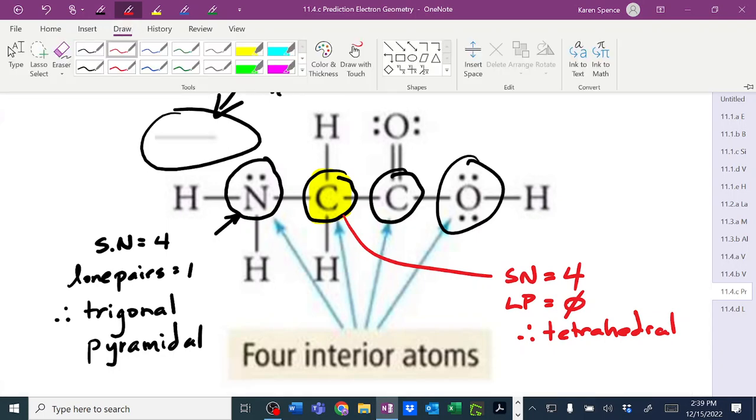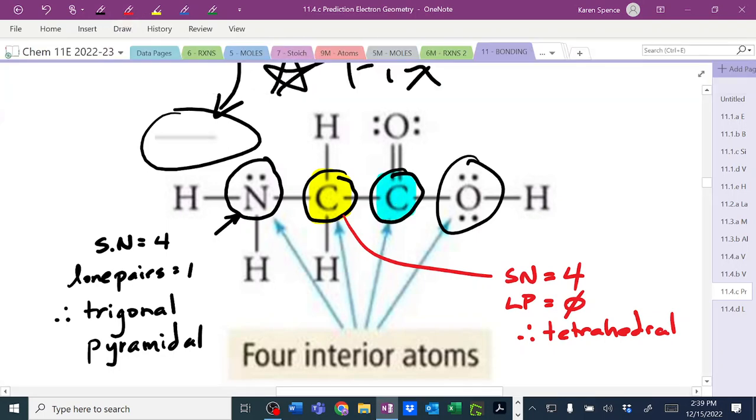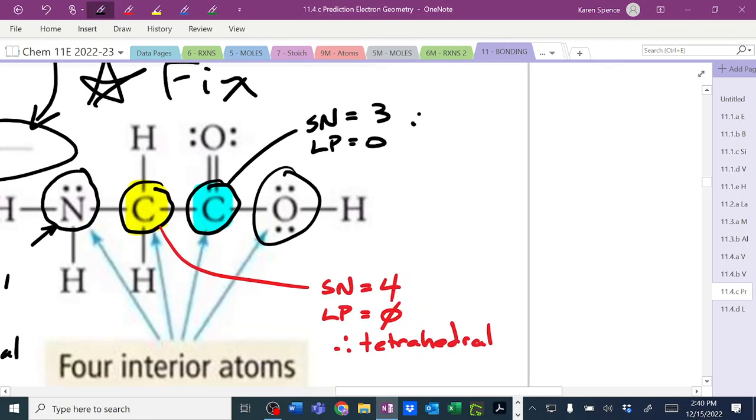How about this carbon? Steric number is 3. Any lone pairs? Lone pairs is 0. Therefore, what's the shape? Trigonal planar.